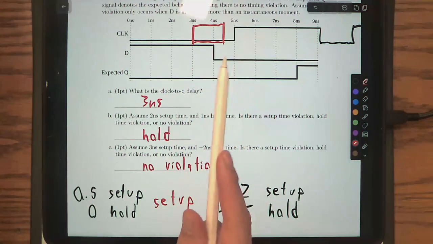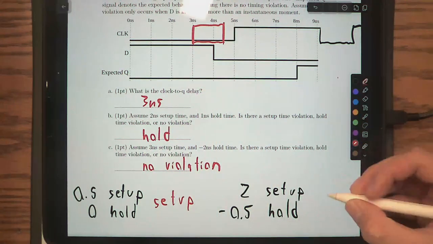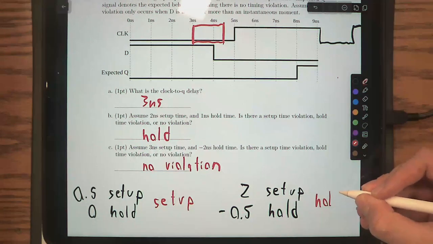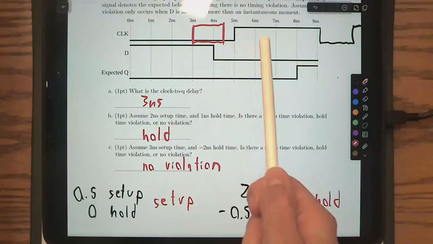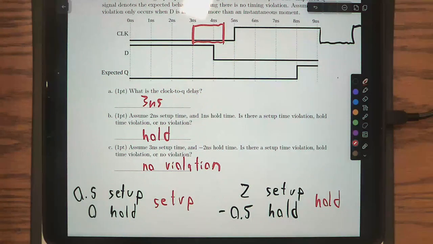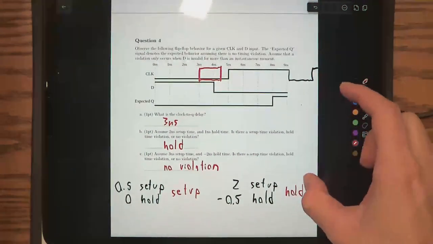No, cool, okay, so this is what? Hold time. Because it changed in the middle of this. Okay. All right. Cool. So in theory, now you are all experts. Make sure you understand this.